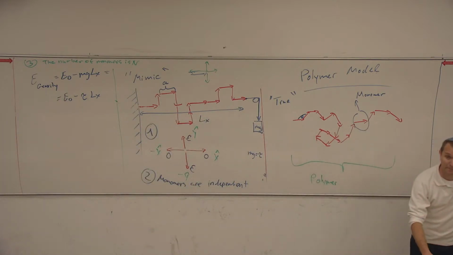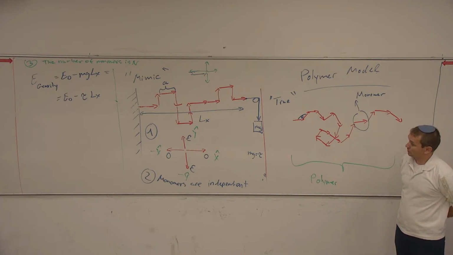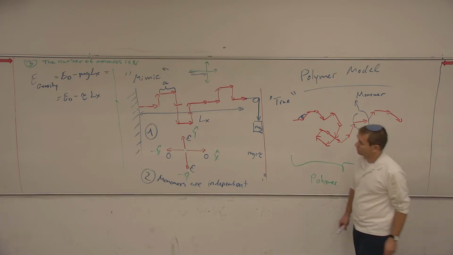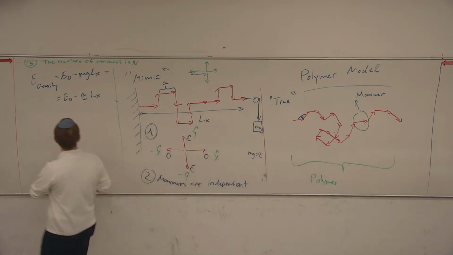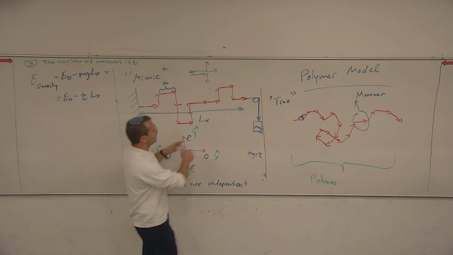Is this clear? But when talking about mg, Lx is not the height. So why are we putting it in the energy like that? Why do we pull? So what is the total length?